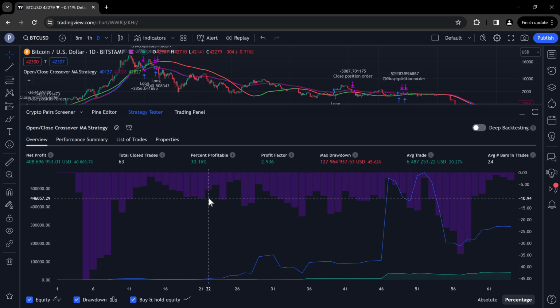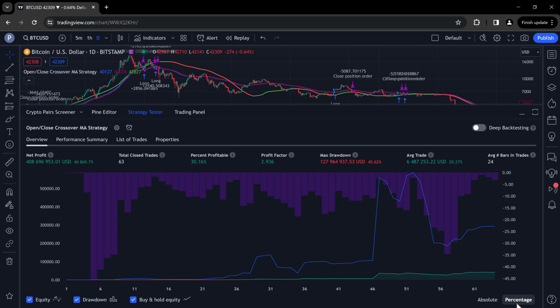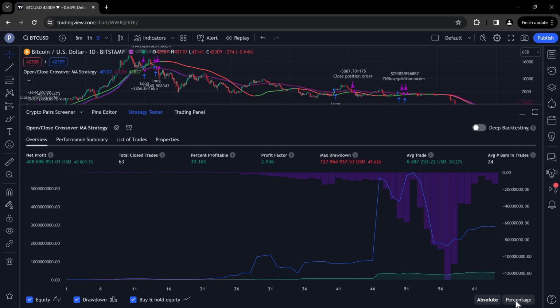Users have the flexibility to toggle these plots and scale them as either absolute values or percentages using the provided options beneath the chart. So you can toggle between absolute and percentage values. When you toggle, the label on the vertical axis changes from absolute to percentage.